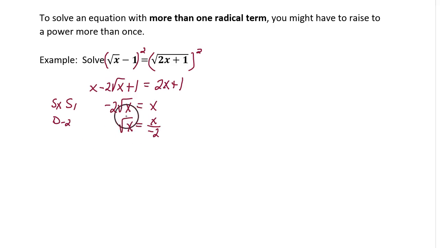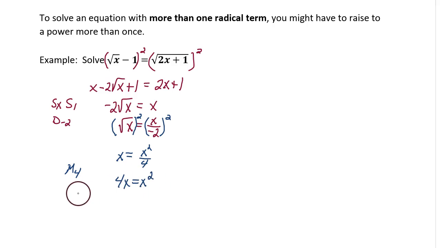Now we're ready to remove the radical by squaring. You square both sides of the equation. Squaring a square root makes the radicand. And over here we get x squared over 4. Let's multiply by 4. So we get 4x equals x squared.